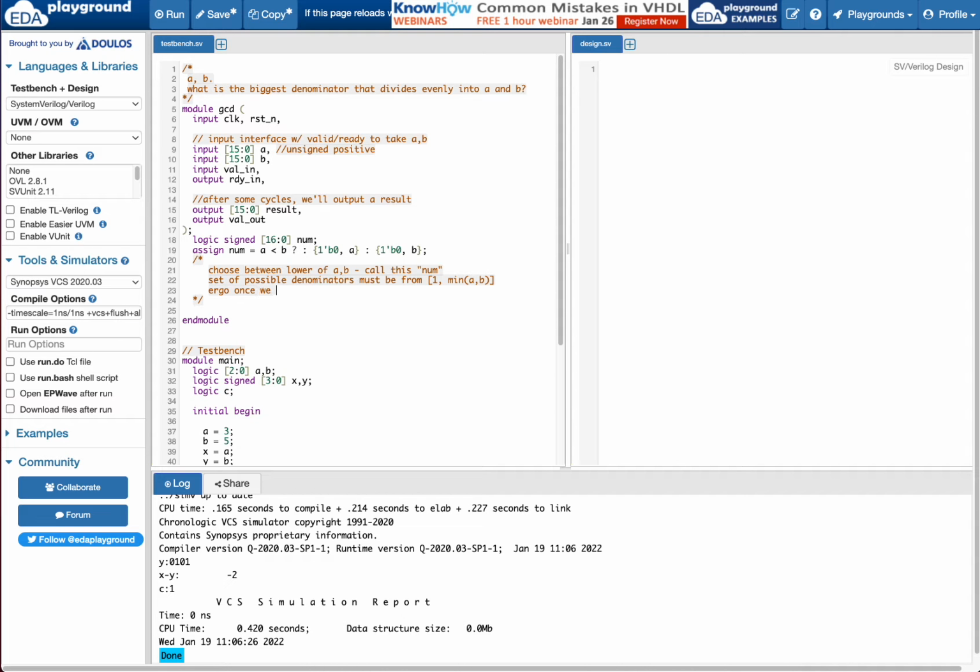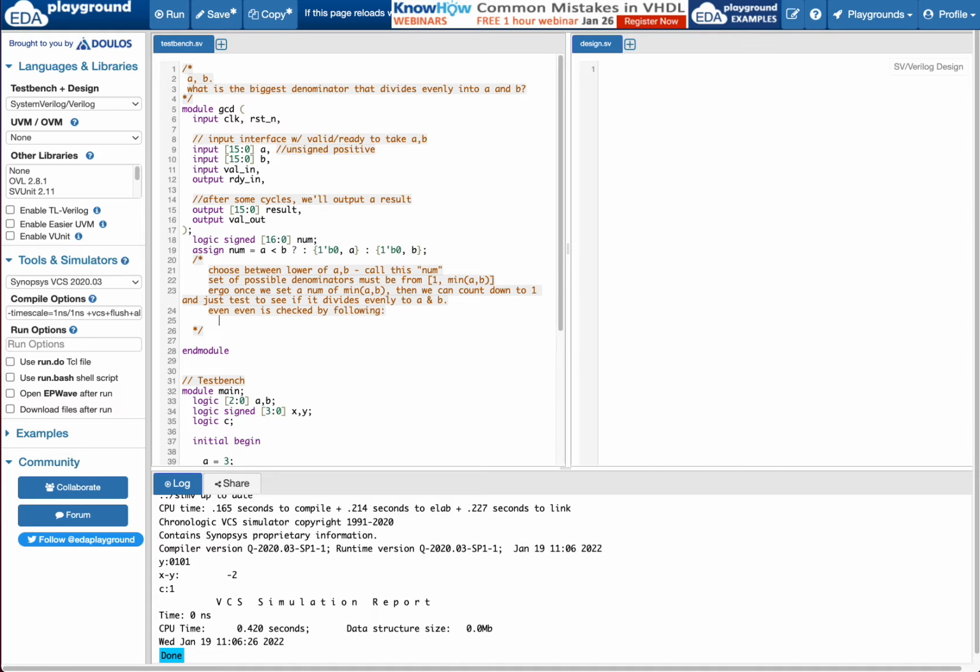Ergo, once we set num to min a comma b, then we can count down to 1 and just test to see if it divides evenly into a and b.